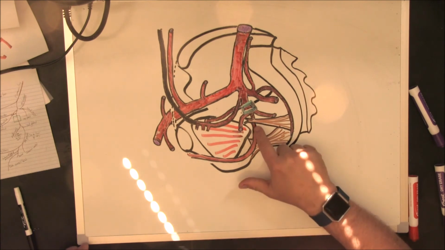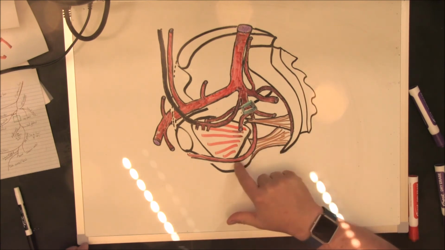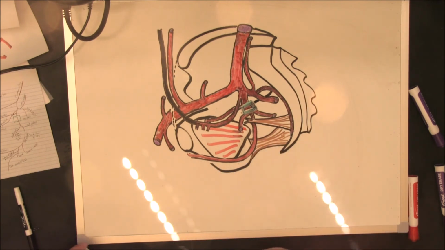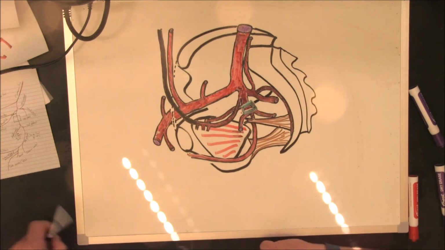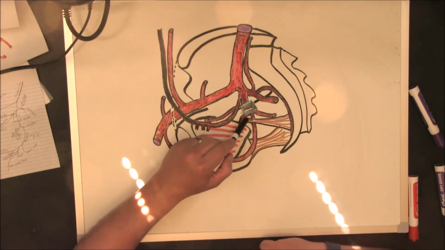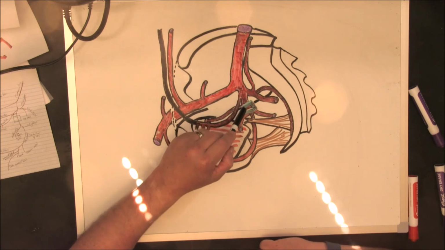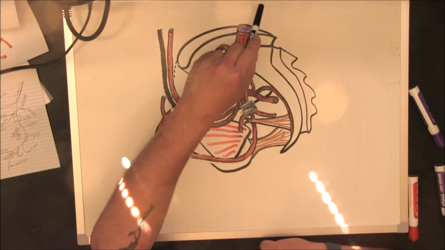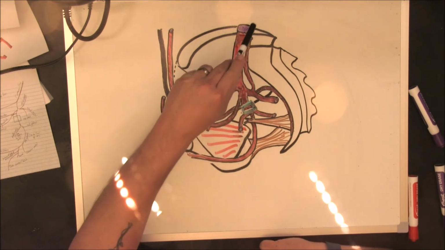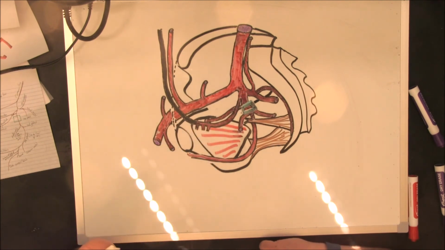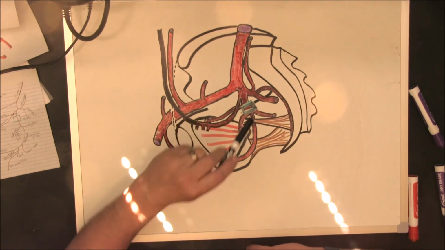We're now going to come down here and follow the branches of the internal pudendal artery and see what those are. Now we have a middle rectal artery here coming off the internal iliac. There's actually a superior rectal that comes off way up high in the abdomen from the inferior mesenteric artery, but we're not going to worry about him.